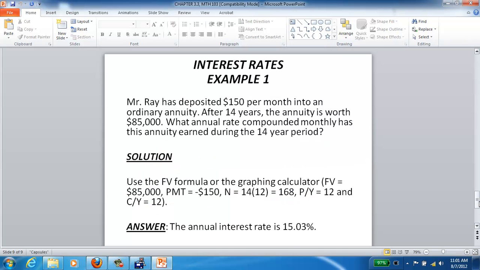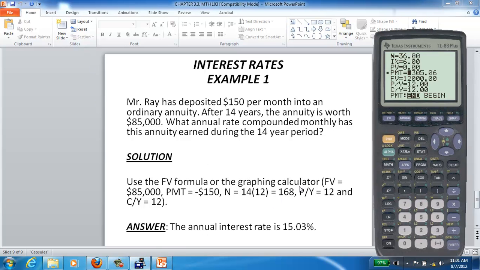Now, for this problem, the unknown is going to be the interest rate. So let's see this problem. He has to deposit $150 every month, and he's looking for the interest rate after a 14-year period. So it will be 14 years times 12, since he deposits $150 per month.